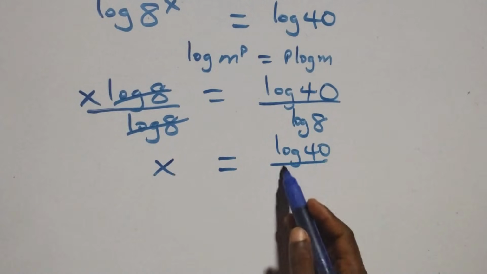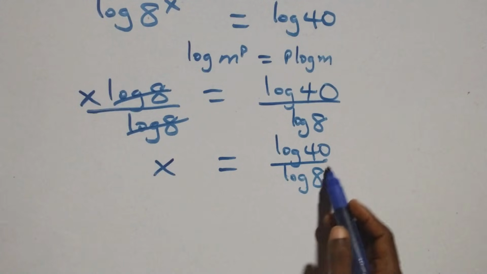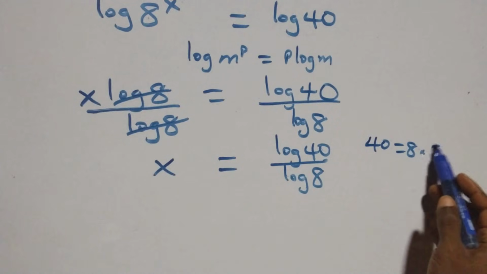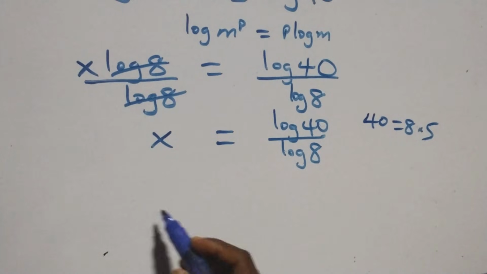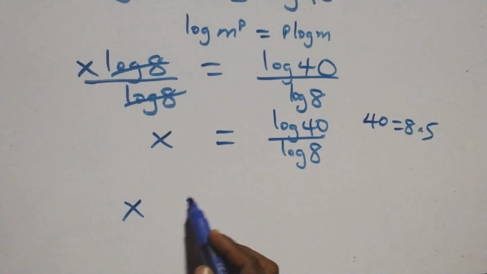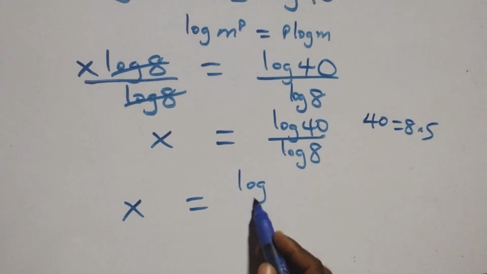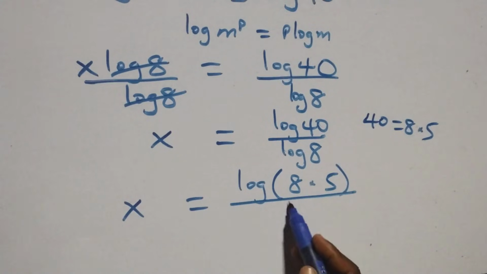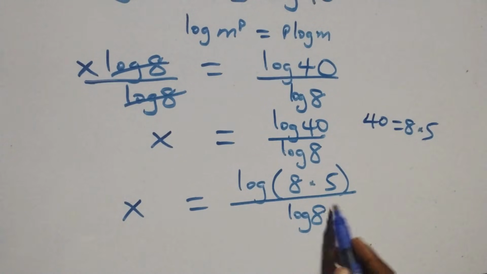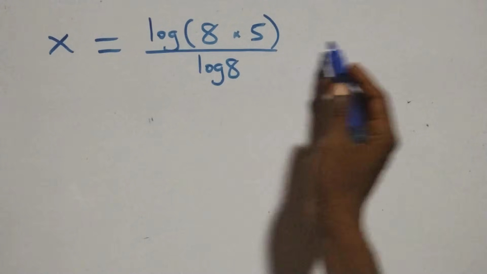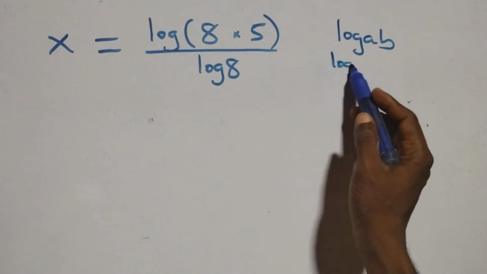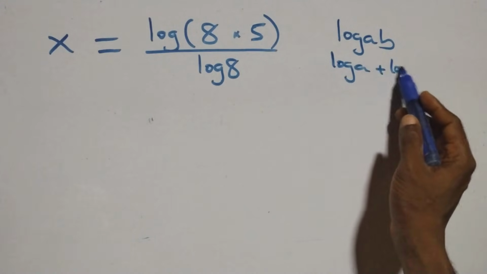40 over log 8. The next step, we can write 40 as 8 times 5, and x becomes log of 8 times 5 over log 8. Here we apply the law of logarithm: log of a times b is the same as log a plus log b.